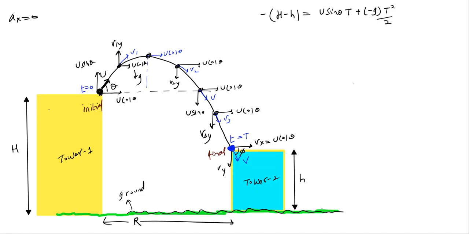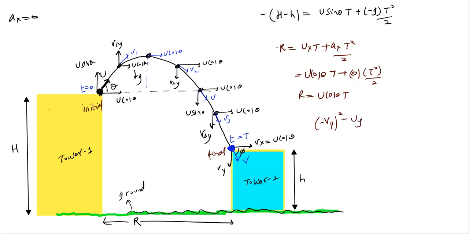Then solving this will give the time of flight. Then what about the range? Range is given by ux t plus half ax t square, with ax equal to 0, so u cos theta times t. Then vy square equals uy square minus 2 g y. There are so many things here.